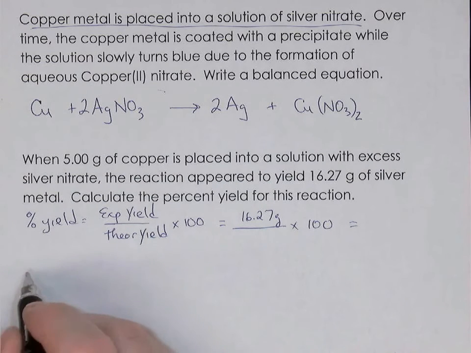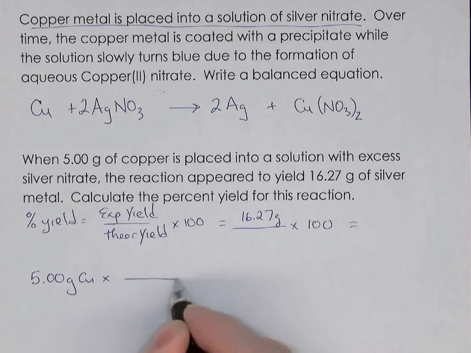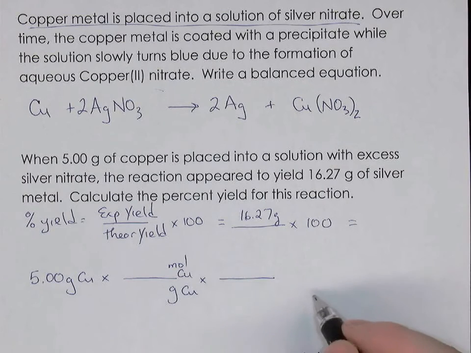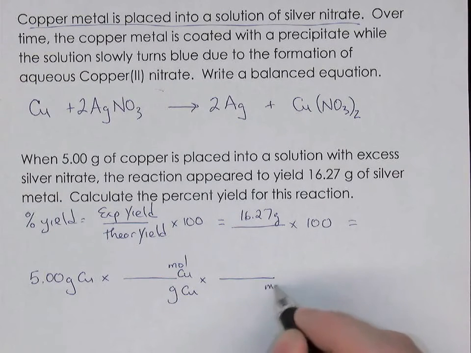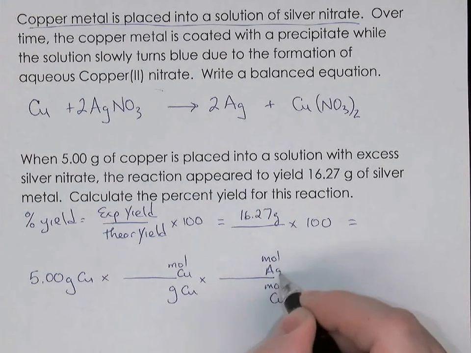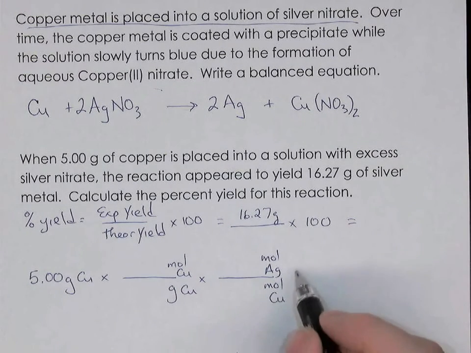So let's answer that with unit multipliers. 5.00 grams of copper. We'll convert the grams of copper to moles of copper. Then we can use the balanced chemical equation to convert moles of copper to moles of silver, since we're talking about silver in the percent yield calculation.